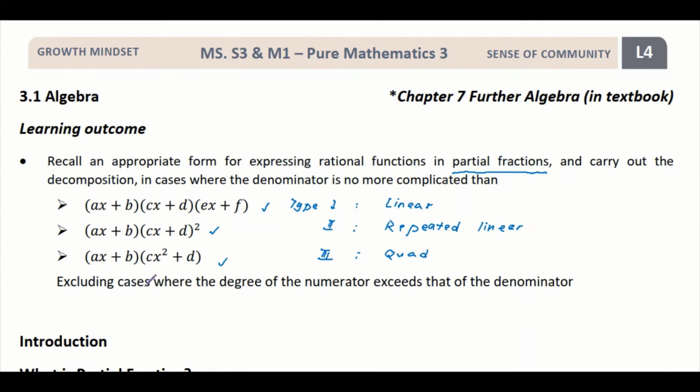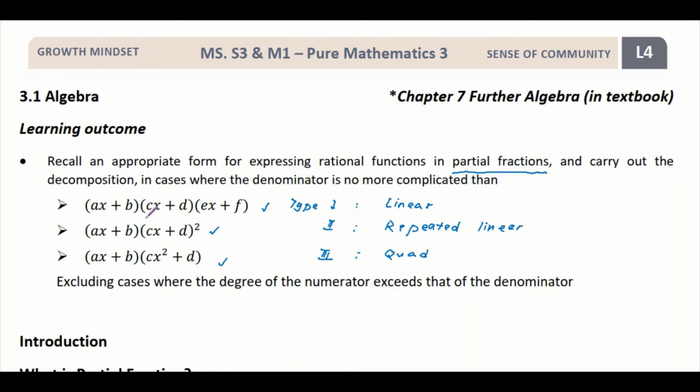You can see that in the learning outcome, they write that it excludes the cases where the degree of the numerator exceeds that of the denominator. Remember, when the degree exceeds the denominator, it means that it's an improper fraction. So when we talk about these three types, those are all proper algebraic fractions.